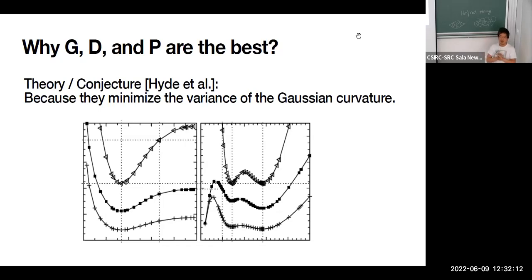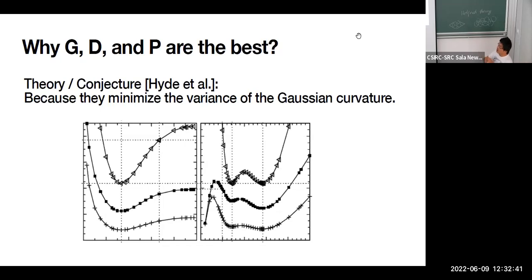The second order term must be related to the Gaussian curvature. And mean curvature is 0. The Gaussian curvature integral is a topological invariant, so it doesn't matter. The third order term is also related to mean curvature, 0. And the fourth order term, we have Gaussian curvature squared, so the variance of Gaussian curvature. That's how physicists often argue.